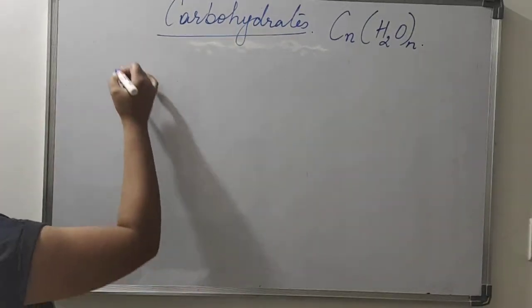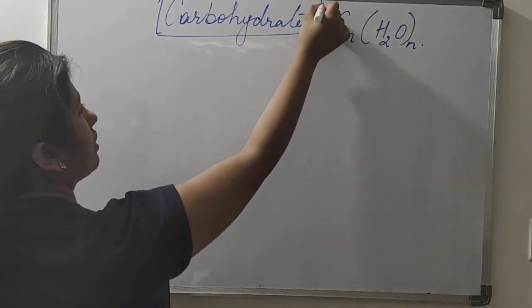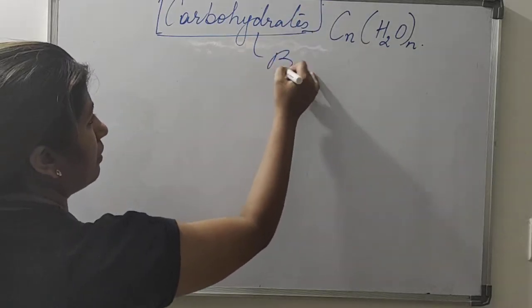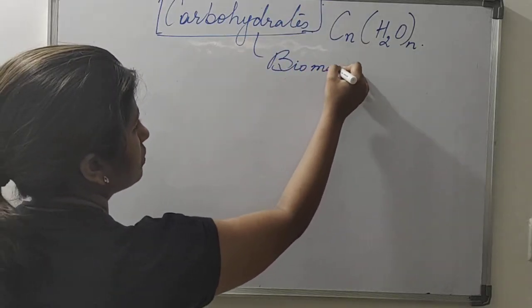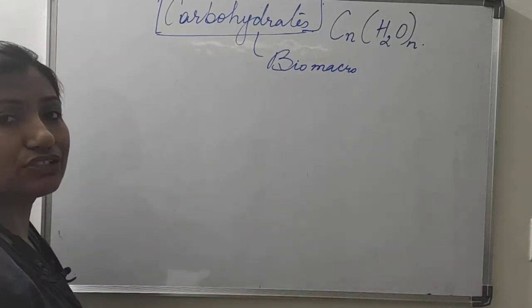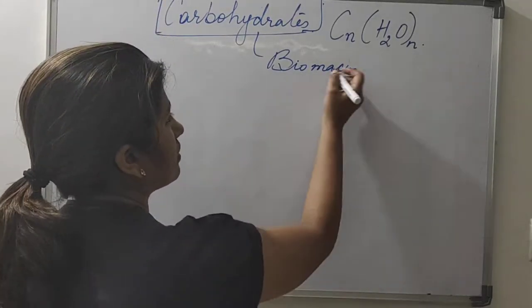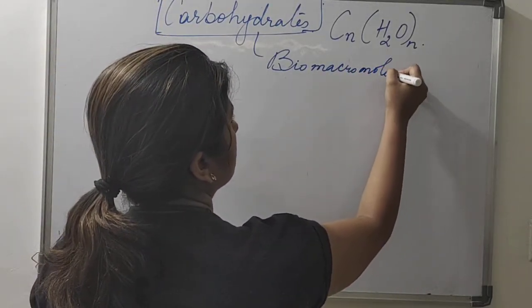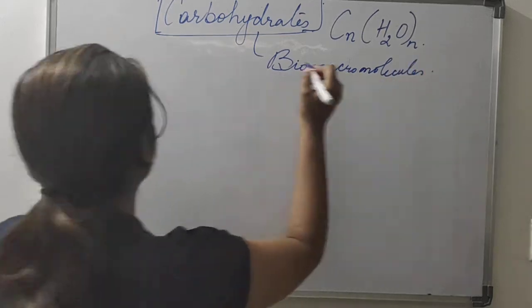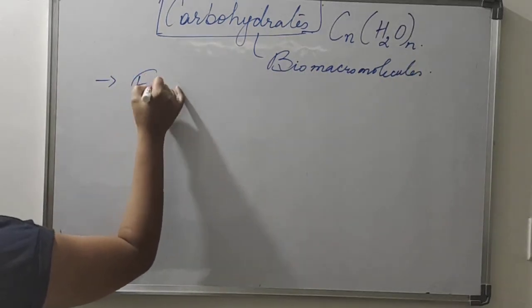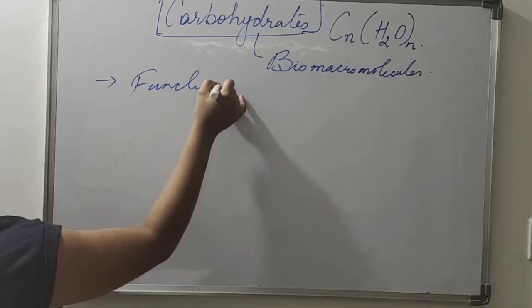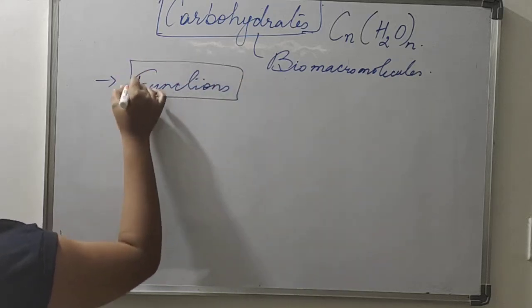Now as we know, carbohydrate is a biomacromolecule. We are going to learn about its types, its structure, its function. So we'll start with the function, then we'll come to the types.